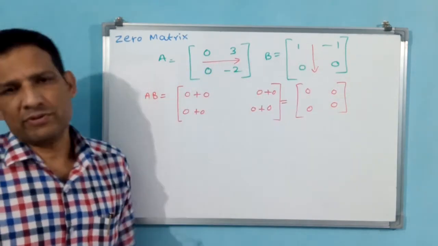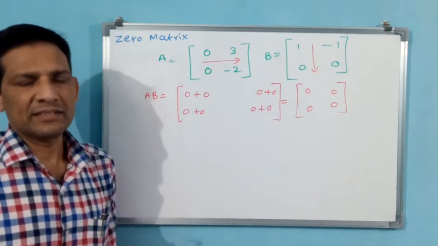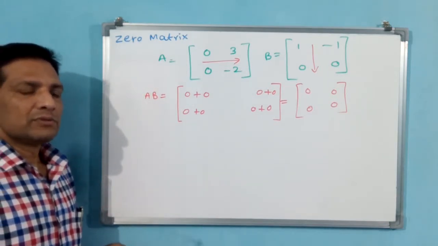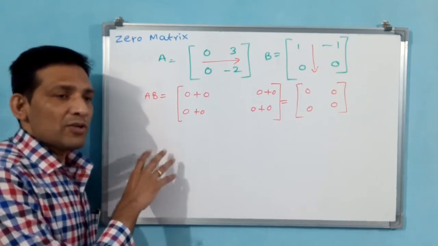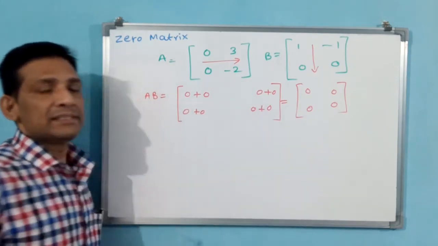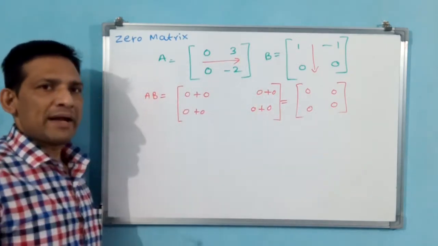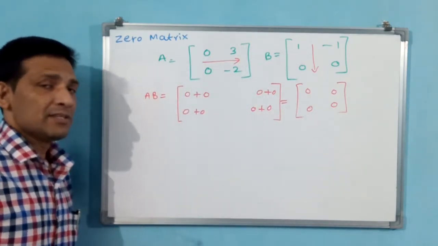Here no matrix is 0. Multiplication of non-zero matrices may give the 0 matrix. This is a peculiar case.